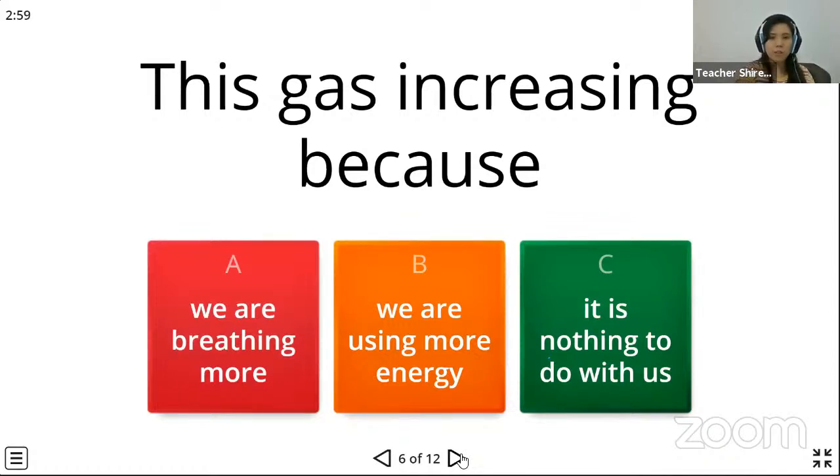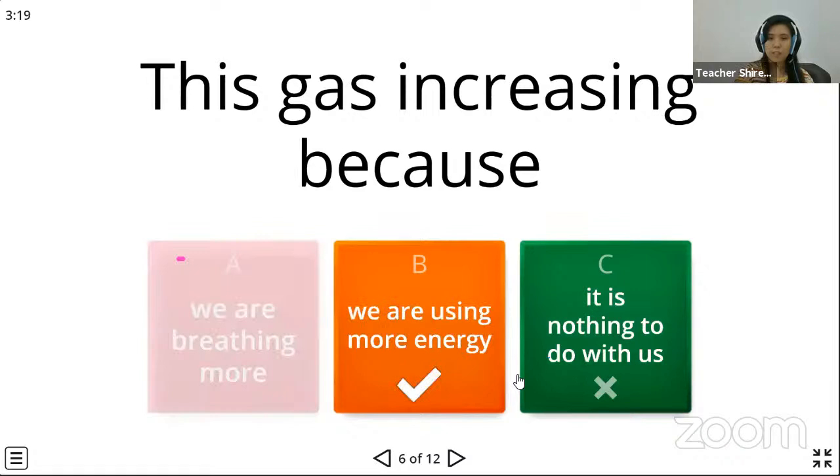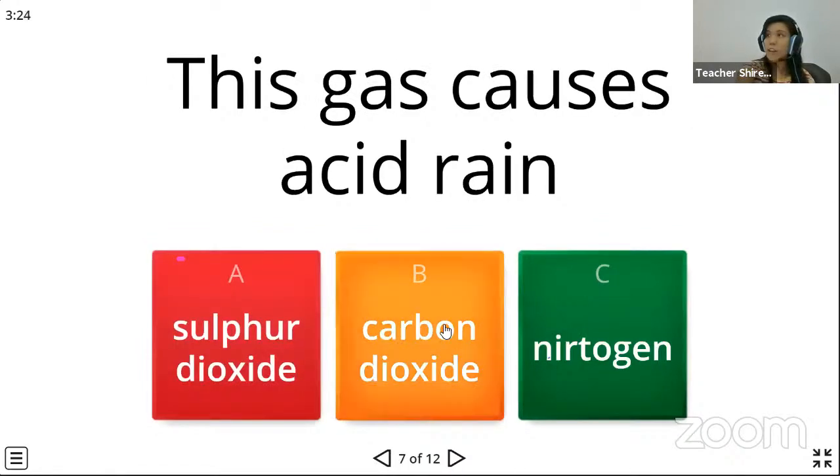Carbon dioxide increased because we are breathing more. Right. Go ahead, Jensen, last one. All right. Okay, next, let's share to Joanna.